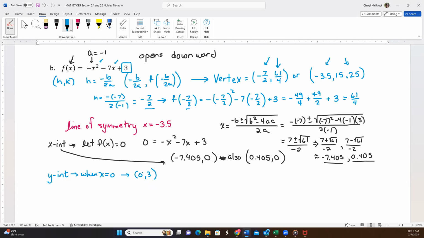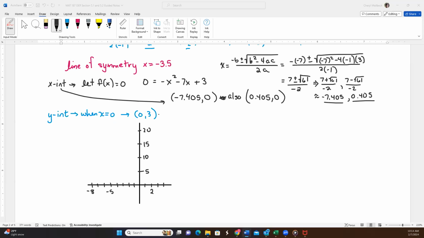All right, let's give this a graph. I'm going to put some axes on here, and then we'll take it from there. Let's add everything we know to our graph. So we know it opens downward.